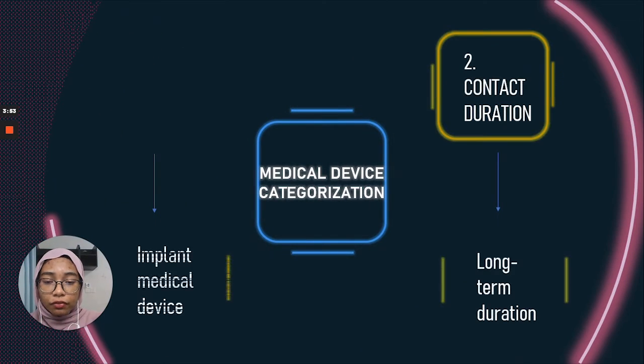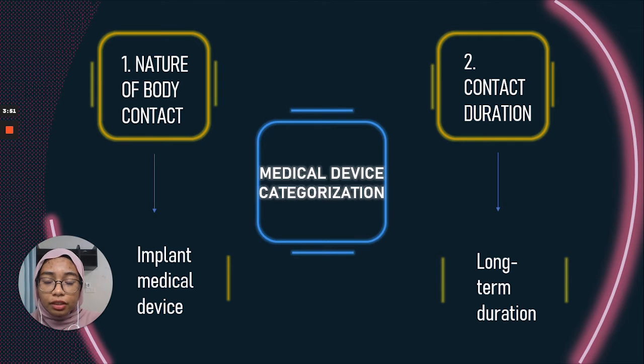The medical device categorization is divided into two: nature of body contact and contact duration. For nature of body contact, it is used for implant medical devices. The application site is blood: medical devices principally contacting circulating blood in the cardiovascular system.